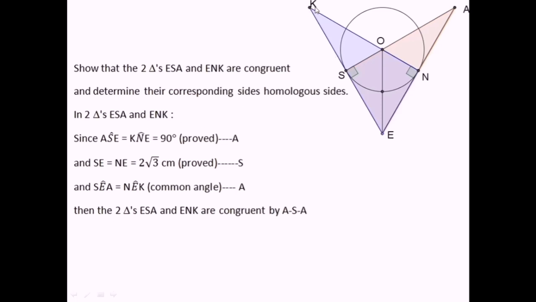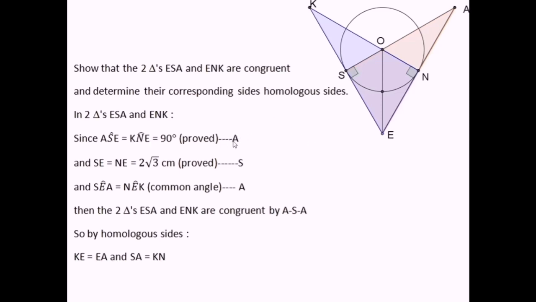KNE. Where is KNE? KNE. What is the opposite of this? It is KE. So we can say that EA is equal to EK. The property here of finding the congruent or the homologous sides: whenever we have two equal angles, we will get two equal sides.